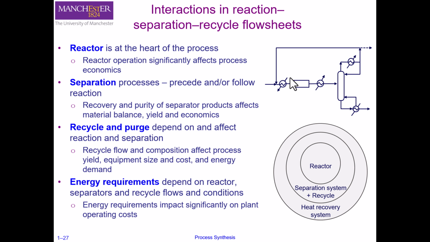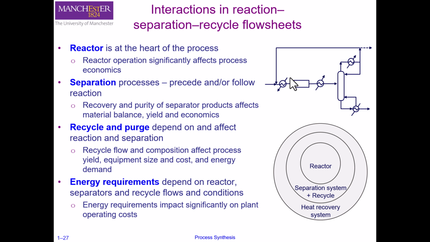And once you have designed your reactor and separation unit or recycle systems, then we look at the energy requirements, because we want to maximize our energy recovery between different processing units. And once you have recovered the maximum energy possible, then you have to look into external utility systems, and then you have to design the utility systems as well, in terms of cooling water or steam systems.